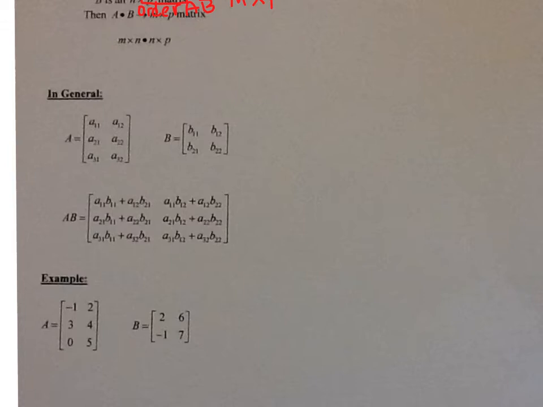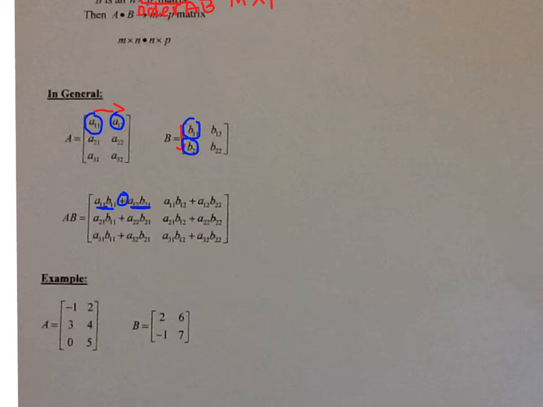You take the number in the first position of matrix A, and multiply it by this number here, and then you go across this way and down this way, adding and multiplying. So it's that number times that number, and then you add that to this number times this number. Okay, and then you go to the next row and column.